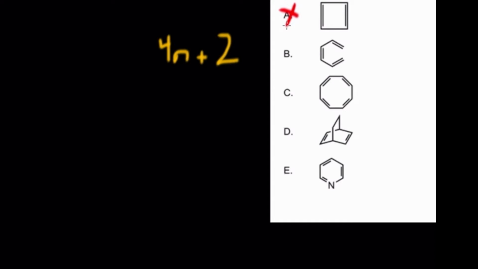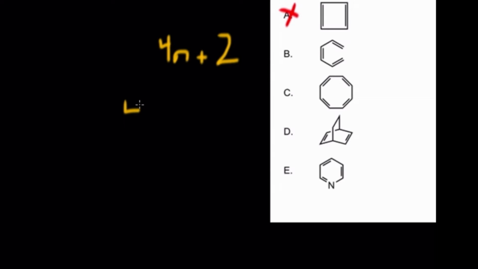Let's look at, for example, C. We'll do the math again. So we see that we have 1, 2, 3, 4 pi bonds, okay? So 4 pi bonds corresponds to 8 pi electrons, because there's 2 pi electrons in every pi bond, okay? So let's do the math again.